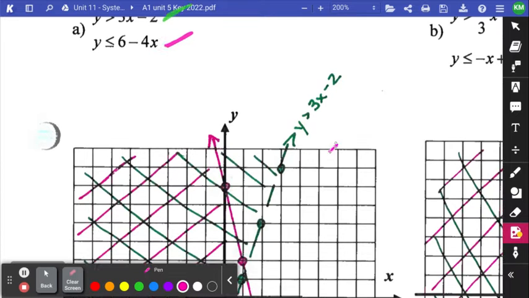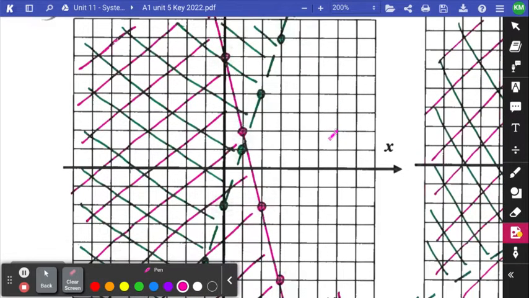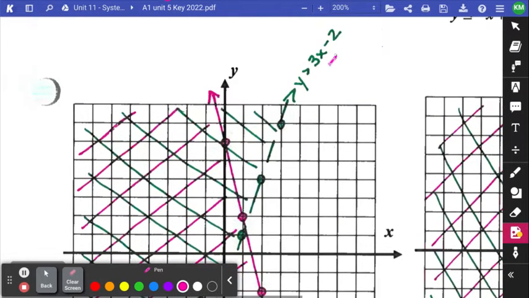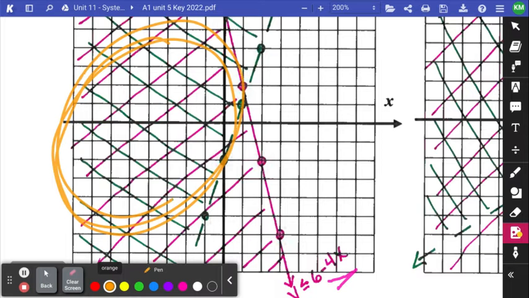Okay, so you can check your work. And of course you can see I labeled my one inequality up here, my other one I labeled down here. So any place in this area where the two shadings crisscross, that would be a solution. So if you put a point anywhere in there, it would be true.